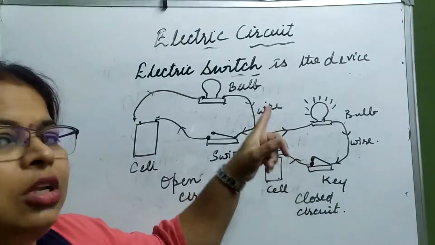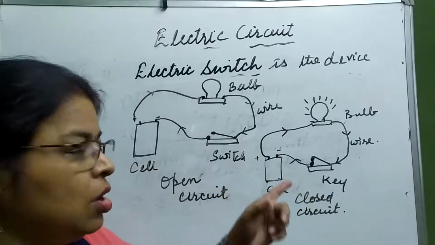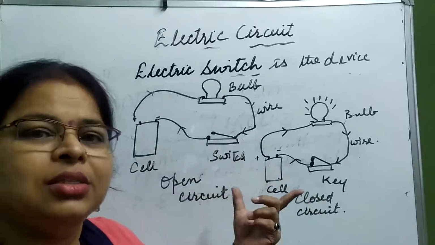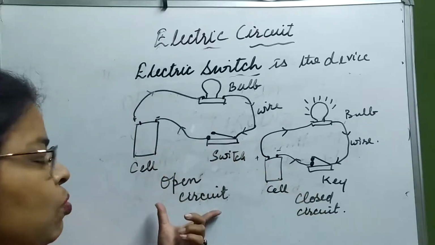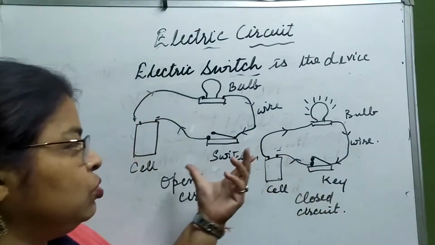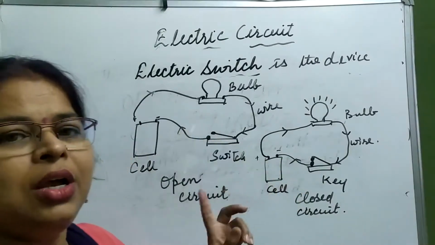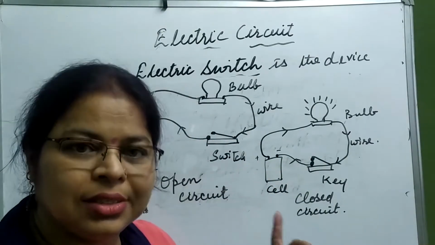This path is known as the electric circuit. I hope everyone has understood what we mean by electric circuit, what is the condition of open circuit, and what is closed circuit. So you need to draw them in your notebook and explain the components of the open and closed circuit.